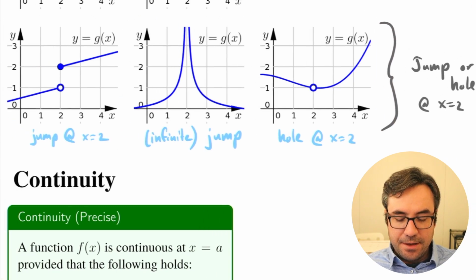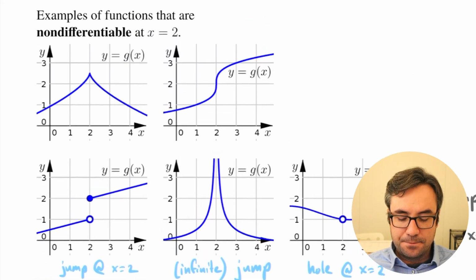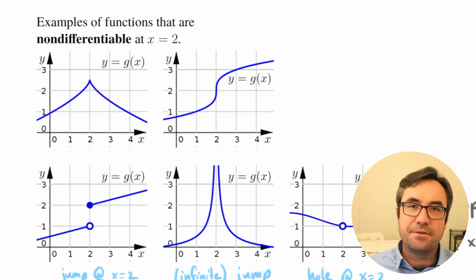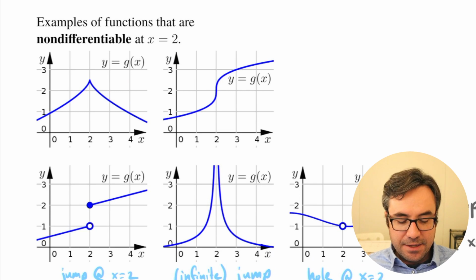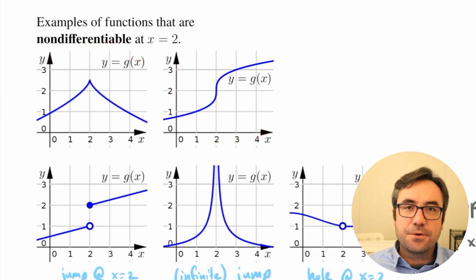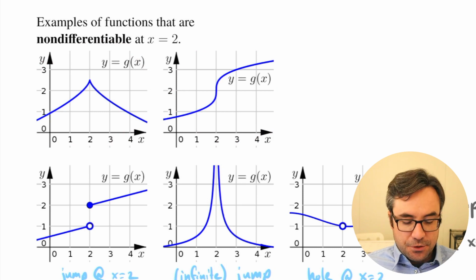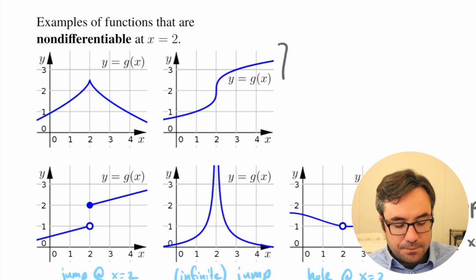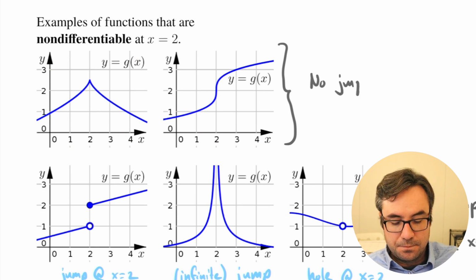Now let's look at the more subtle examples of non-differentiabilities, and that is the first two. So for these first two graphs, there's not really a jump or a hole. When you're looking at this, there's no break in the graph.